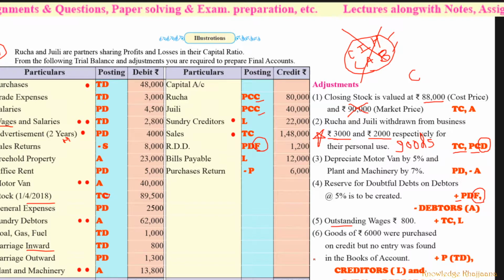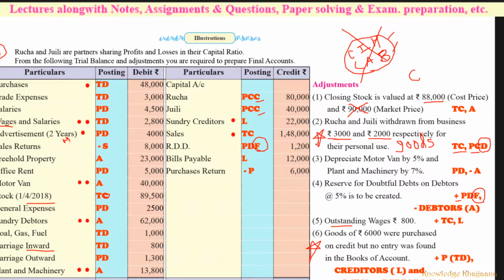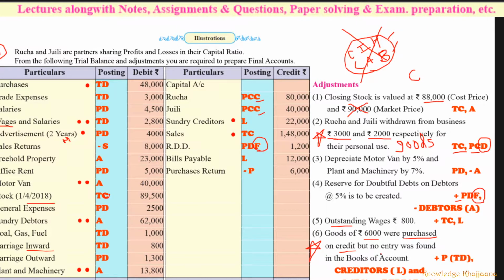Then this is again a very important adjustment. See, adjustment number 2 has an assumption. Similarly, adjustment number 6 has a very big assumption. Now listen properly. Which assumption is it? Goods of rupees 6,000 were purchased on credit, but no entry was found in the books of accounts.